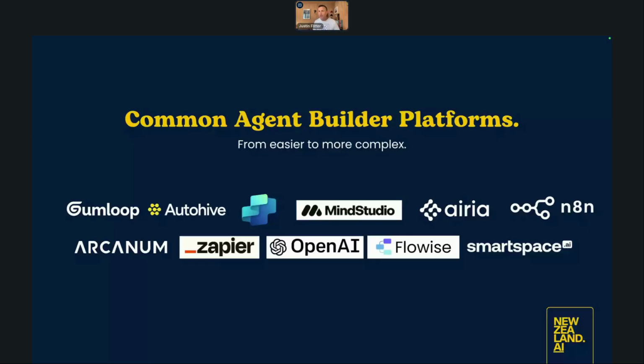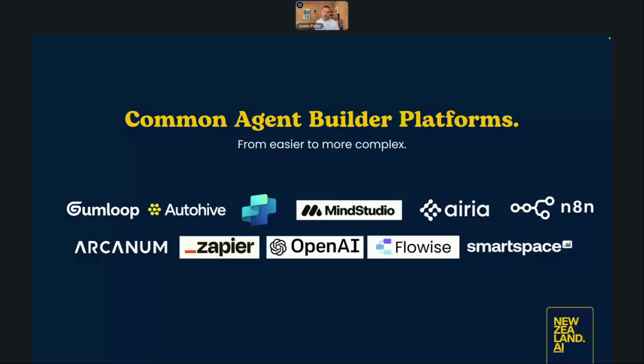So you can actually say, I'm looking at using Gumloop, MindStudio, or Flowise. Can you go and find their terms of service and their data privacy policy, and tell me how they use or don't use any of the data that we're uploading into their system? And they'll help you navigate through that, right?